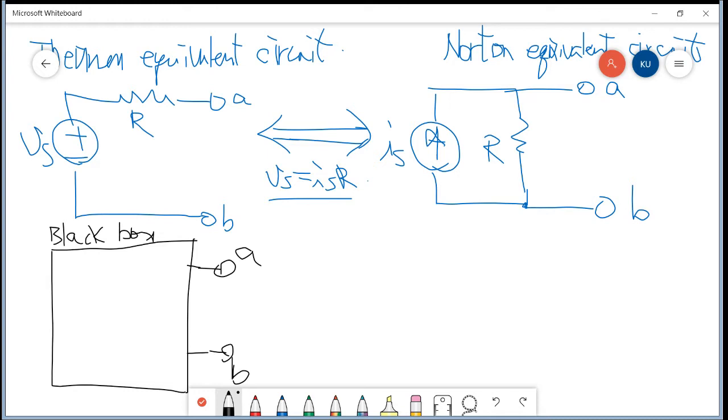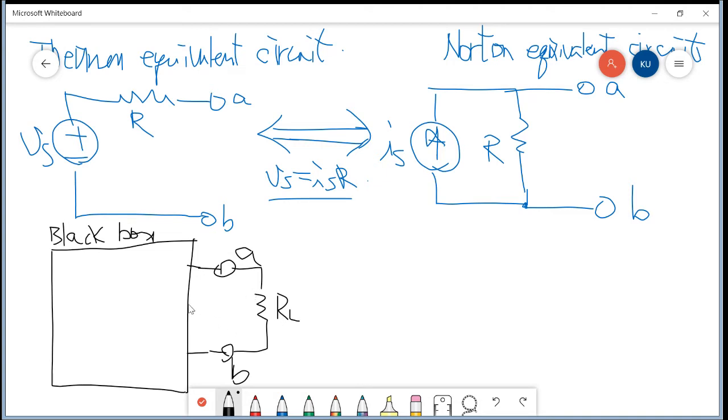The only thing you can do is put different values of resistor here, maybe we can call it RL, and you can measure the current going in or out, and also the voltage across this RL.